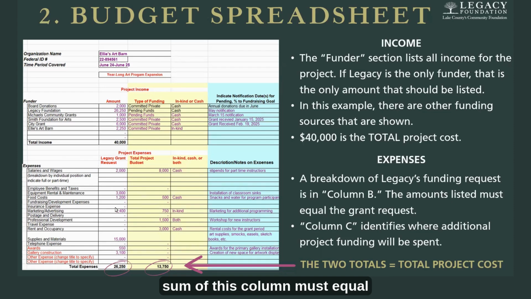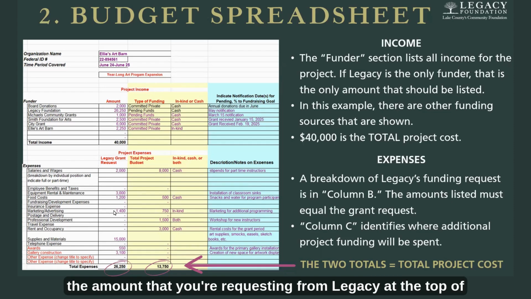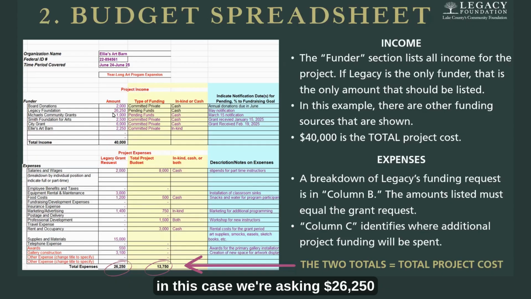The sum of this column must equal the amount that you're requesting from Legacy at the top of the spreadsheet. In this case, we're asking $26,250 from Legacy, and we've broken down that same amount into the first column here.